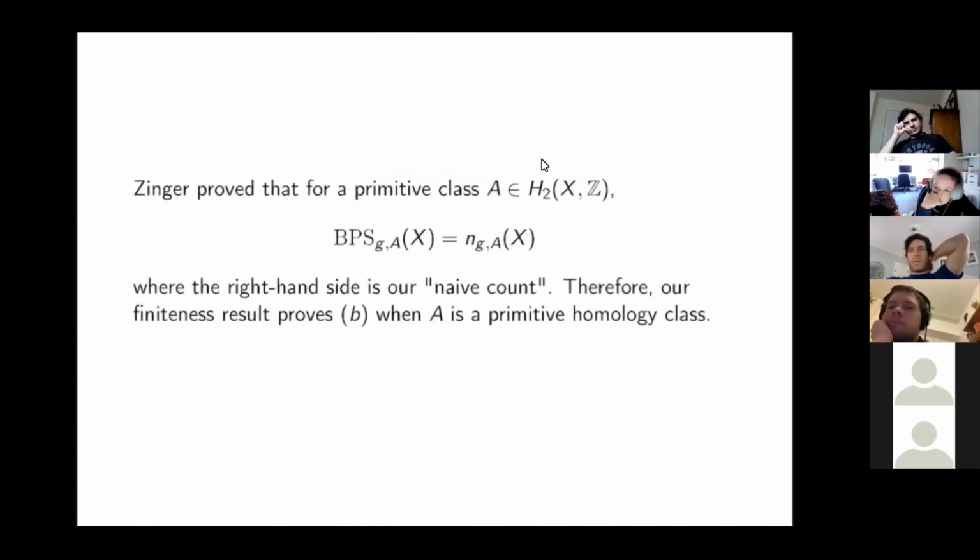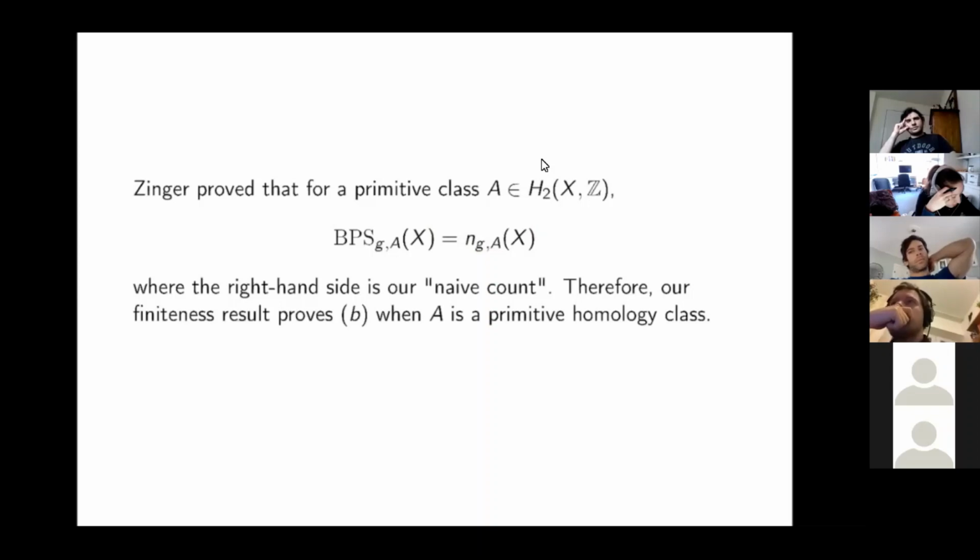Now these BPS numbers are related to these naive counts of curves if A is a primitive class. Zinger showed that if A is a primitive class, the BPS numbers, which are given by this Gopakumar-Vafa formula, are simply the signed count of curves, which I denoted N_{G,A}. So this is what I call the naive count.